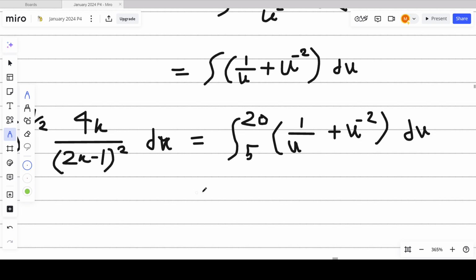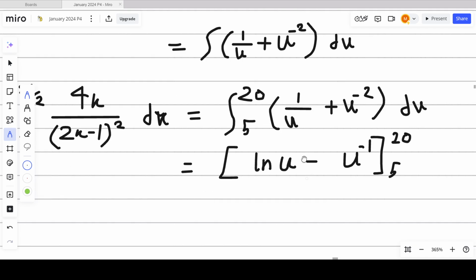Fine. Now integrate, indefinite integral, so that would be what? Integration of 1 over u is ln u. And then integration of u inverse 2 is what? Add 1 to the power, so it will be negative u inverse 1, and then use the negative 1 power to divide the coefficient, it will become negative, right? Just simple integration. The upper limit is 20, and the lower limit is 5.